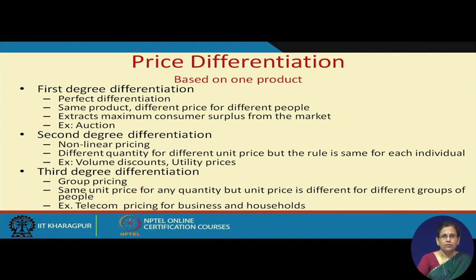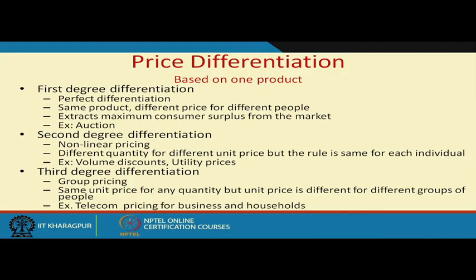In case of first degree differentiation, which is the result of perfect competition and perfect differentiation, the same product will be valued differently by different users. I mean, the buyers will be competing among themselves and they can decide the market price. So, this is an example of perfect differentiation.